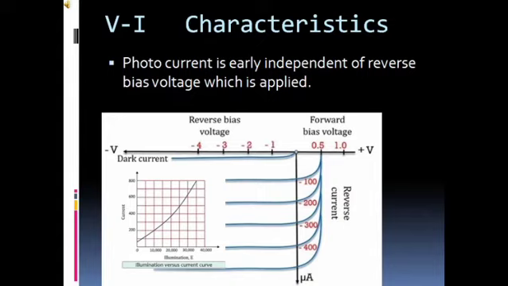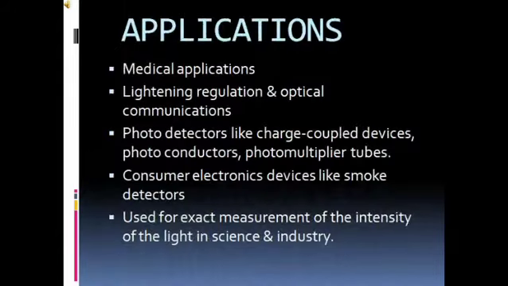Now let's talk about the applications of photodiodes. First of all, they are used in photodetectors like charge coupled devices, photoconductors, and photomultiplier tubes. Then these diodes are used in consumer electronics devices like smoke detectors, remote controls in VCRs, and other consumer devices like clock radios and camera light meters.